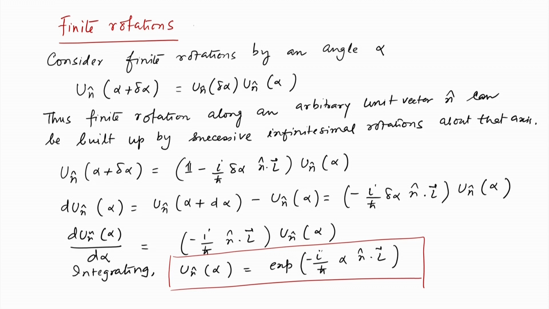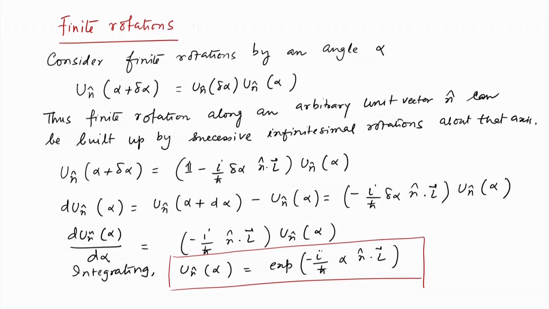So, let us go to the finite rotations then, because infinitesimal rotations are really idealized concepts. However, you can build up finite rotations starting from a large number of infinitesimal rotations. So, a finite rotation by an angle alpha can be defined as Un of alpha plus delta alpha, which is Un delta alpha and then Un alpha.